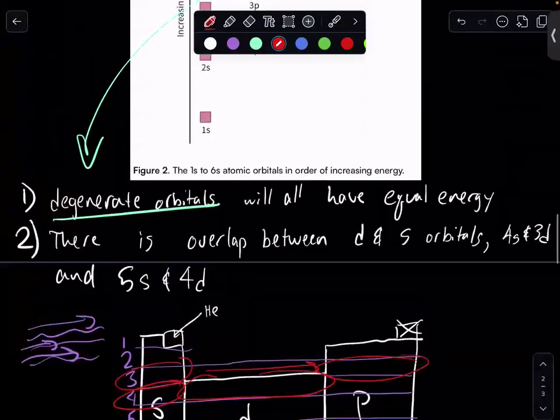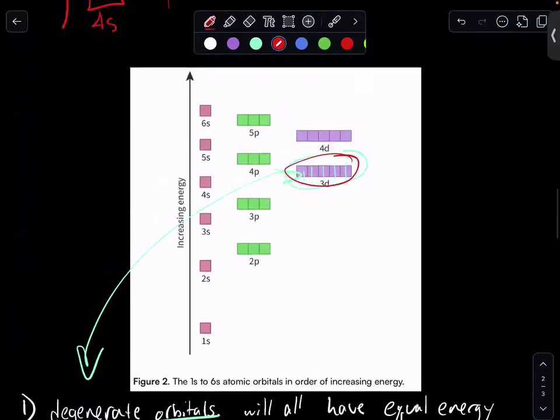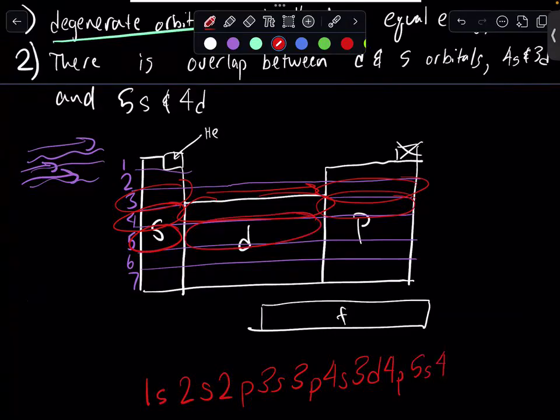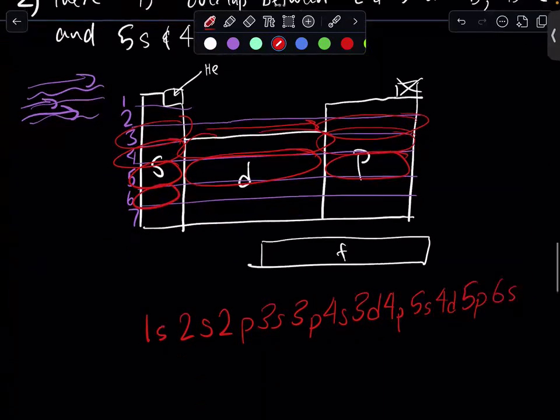We know it's 3d because we know that we have our d's first. Then I go back to 4p. Then 5s, 4d, 5p, and then 6s. You do not need to worry about the F block.